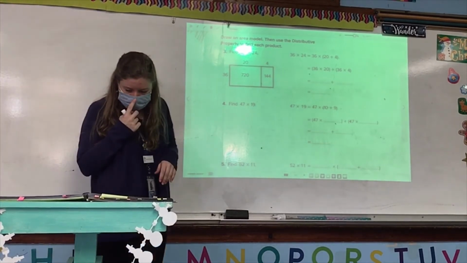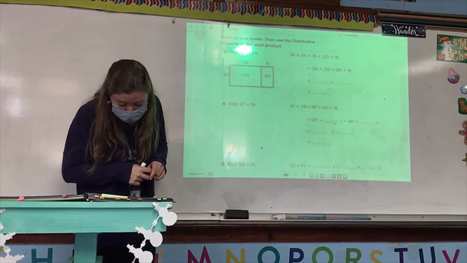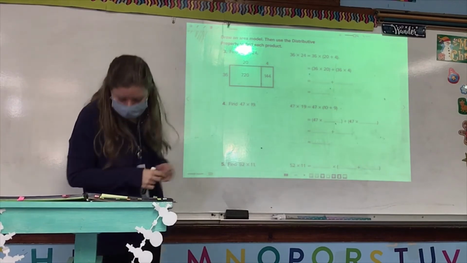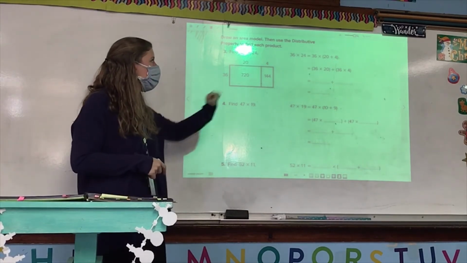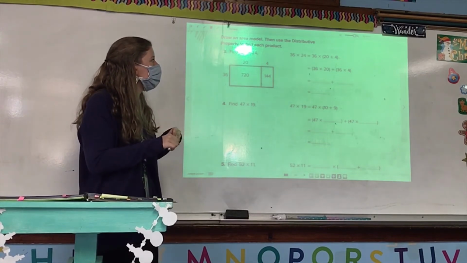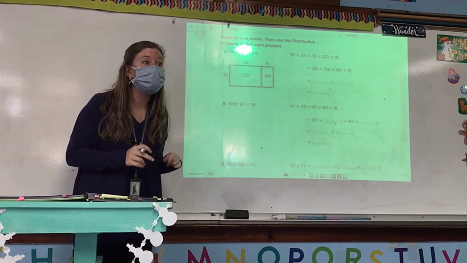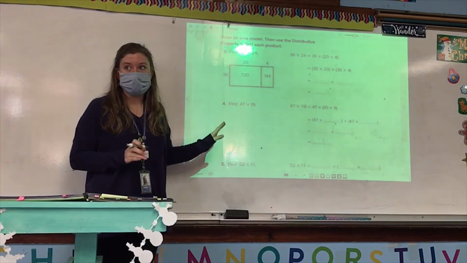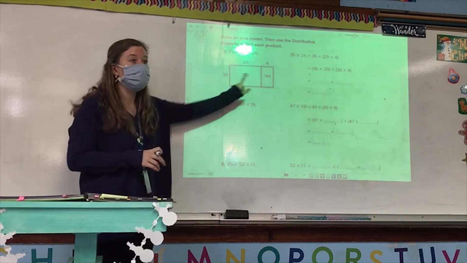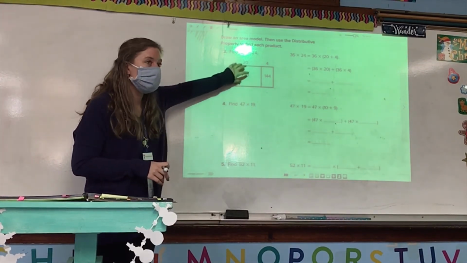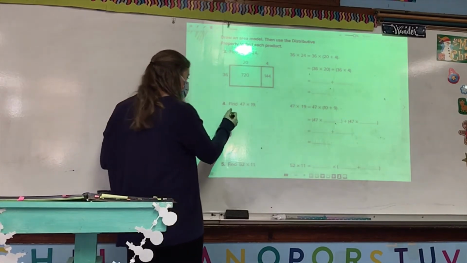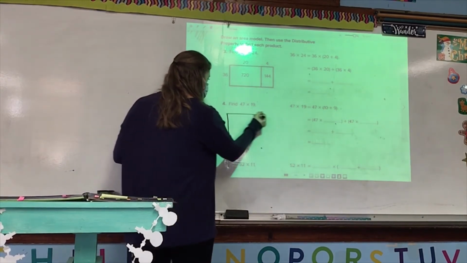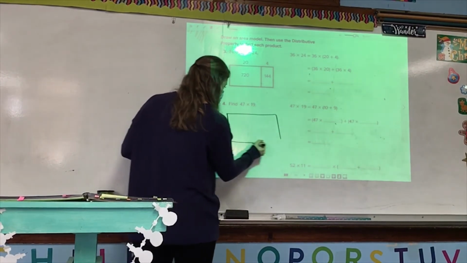Okay, so the directions for numbers 3 through 6 tell us draw an area model, then use the distributive property to find each product. Now we're not drawing an area model like what was in the draw it because we're not going to do grids. We're going to do an area model like what we did in chapter 4. So first step we know is to draw a big rectangle.